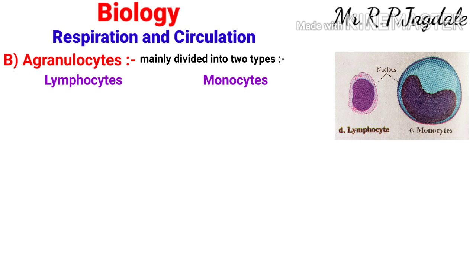You can see the diagram of lymphocytes and monocytes on your screen. You can easily identify them. Both we are going to see one by one. Lymphocytes are the smallest of all WBCs and monocytes are the largest of all WBCs.